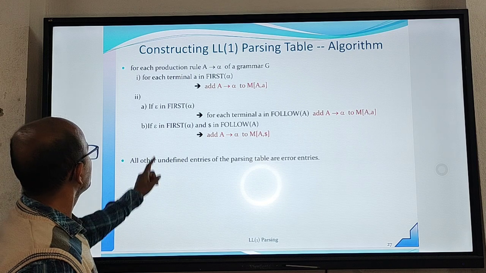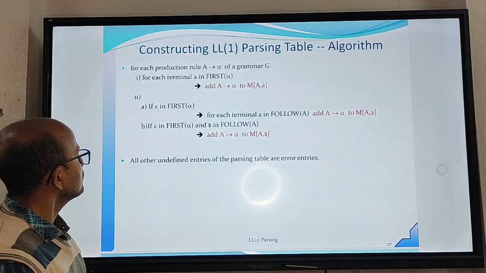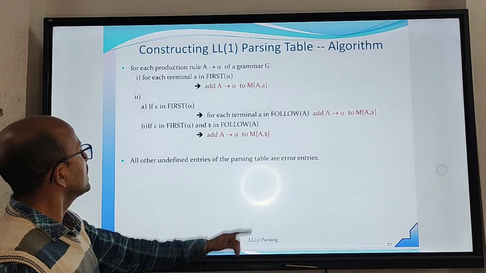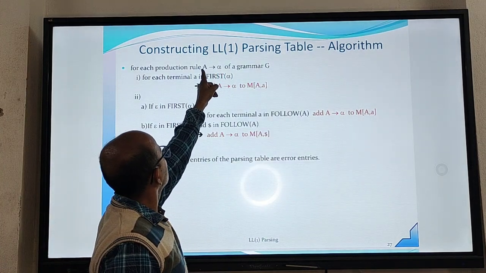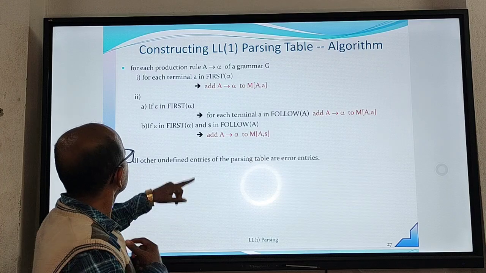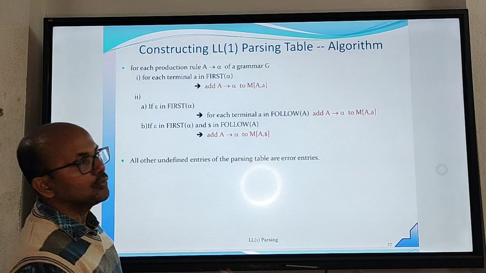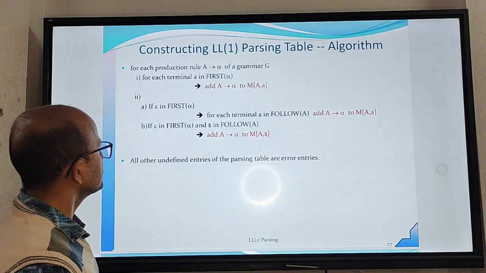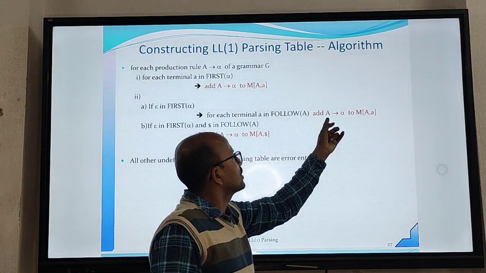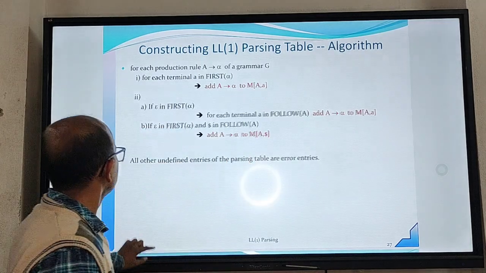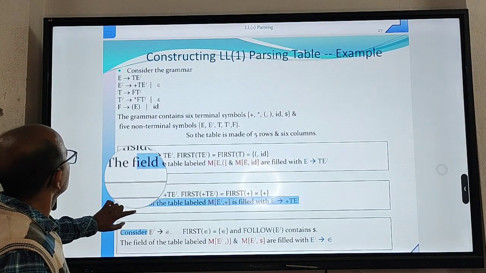And now if epsilon is in the first of alpha, then we have to calculate the follow of the left hand side. This alpha has a left hand side A, so while the first of alpha includes the epsilon, then we go for the follow of the left hand side, and for all symbols in the follow of A, we will include this production rule into the parsing table. This simple rule will be followed.